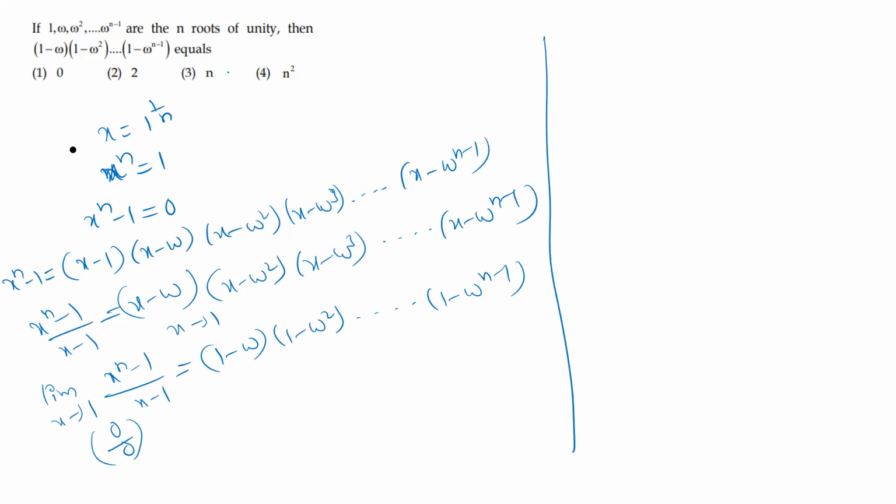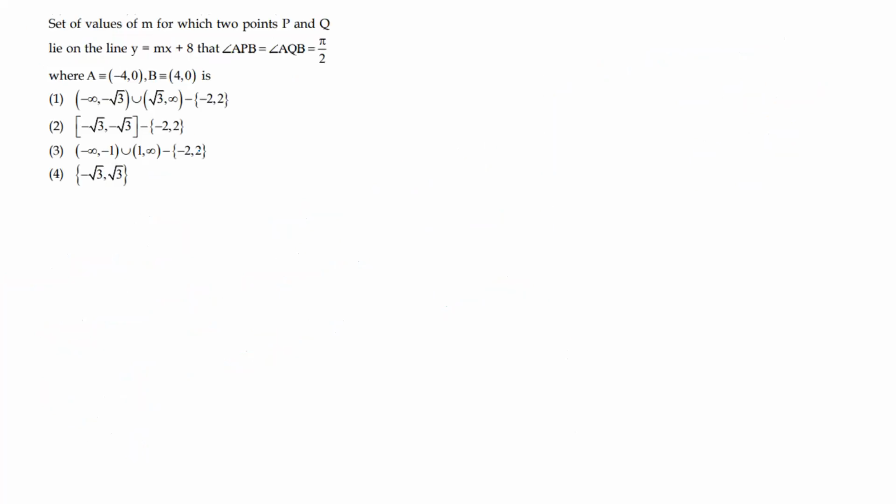The right side is the required term we need to find out, that is 1 minus omega into 1 minus omega square and so on, 1 minus omega power n minus 1. Now we need to apply L'Hospital's rule on the left side. The derivative of x power n is n into x power n minus 1, and the derivative of x minus 1 is 1. Substitute x value 1 now: n into 1 power n minus 1. So what is the answer? n is the answer.